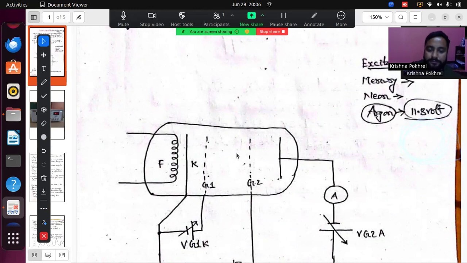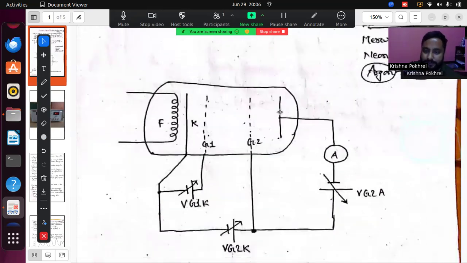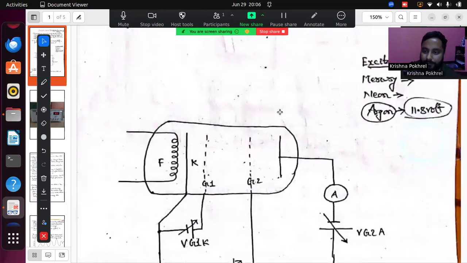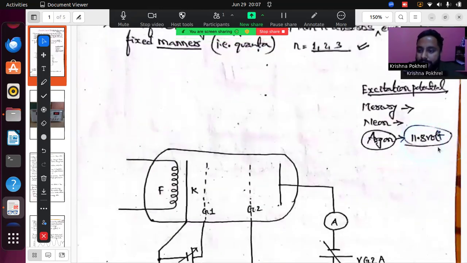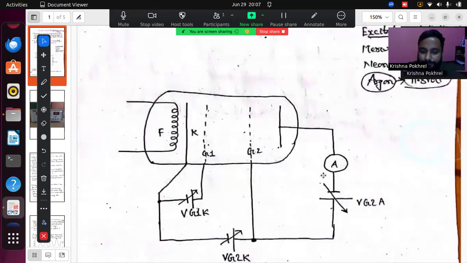Because the energy which the electron has is transferred to this argon gas, and the argon gas goes to the excitation level, that is a higher energy state, for the value of 11.8 volt or more. I will explain it clearly with the help of a graph later, but remember the value of 11.8 volt.